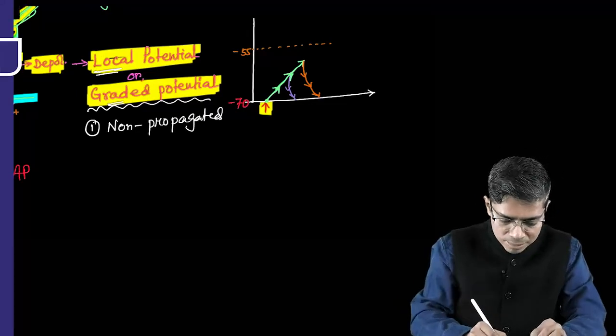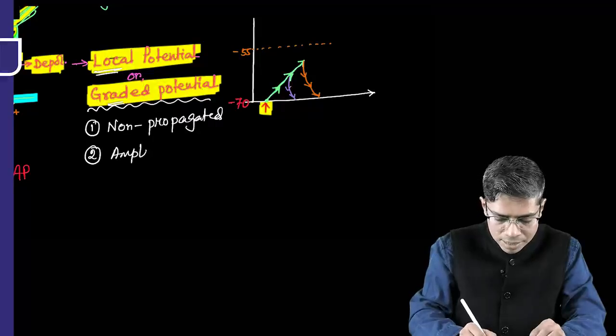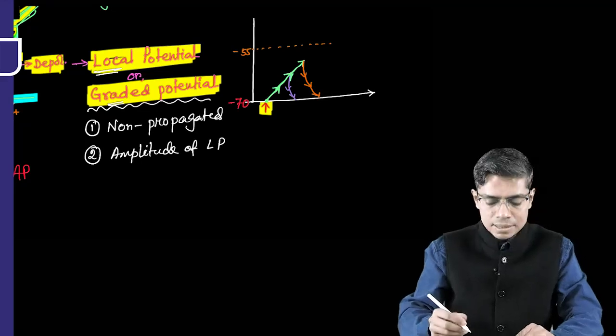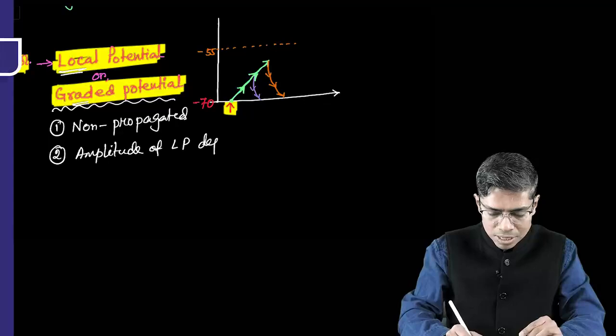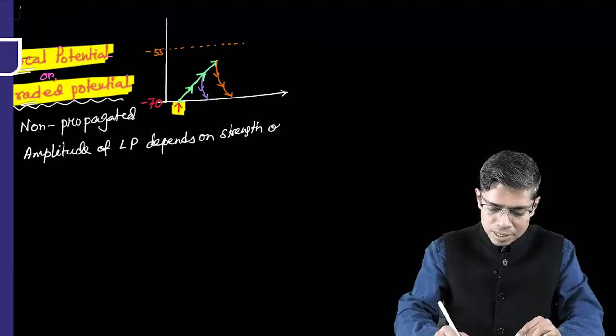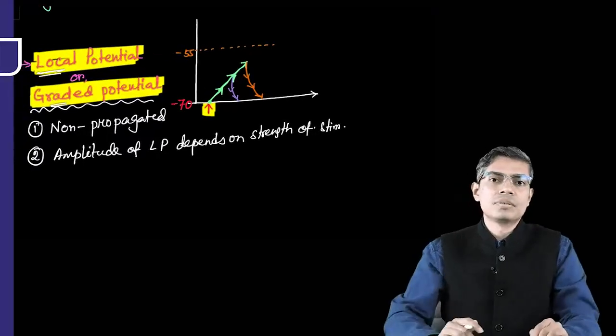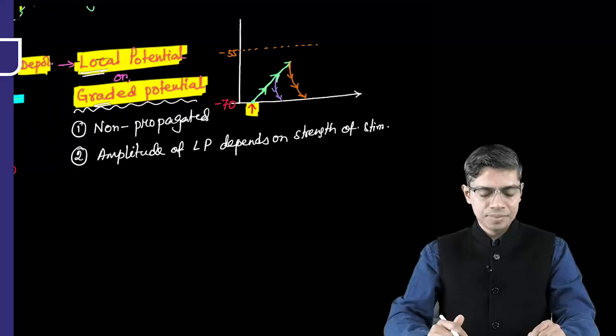So the graded potential means the amplitude of the local potential depends on the strength of stimulus in a graded fashion. That's why this is known as graded potential.